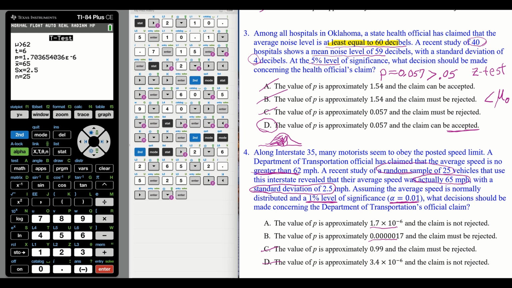So our p-value, which is both these right here, is going to be significantly less than the given. So this tells us, remember, if it's less, we must reject that claim. So we want B for number 4.